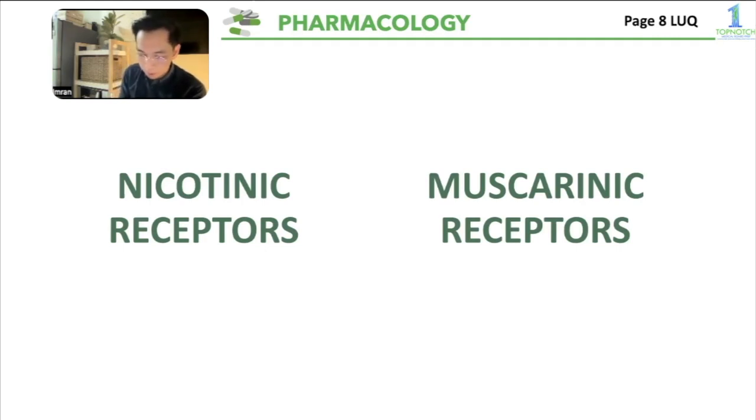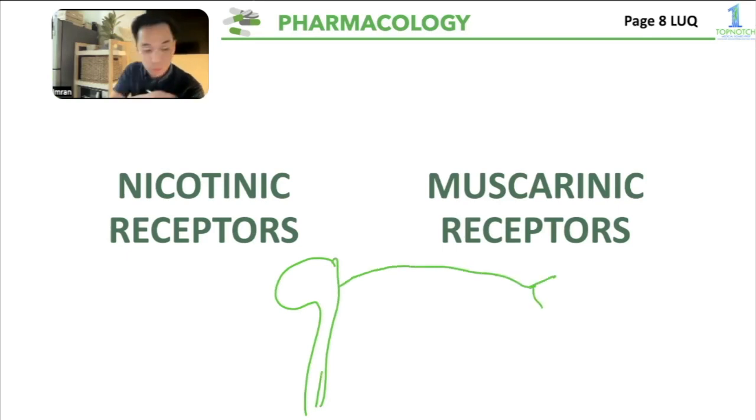If we recall our drawing earlier, you recall this brain, di ba? Sabi ko, saan nga yung parasympathetic? It's yung pinakamataas, yung taas na portion na drawing natin, di ba? And sabi natin kanina, acetylcholine is the main neurotransmitter in the preganglionic, di ba? And in the postganglionic, what's the neurotransmitter again? It's your acetylcholine, di ba?